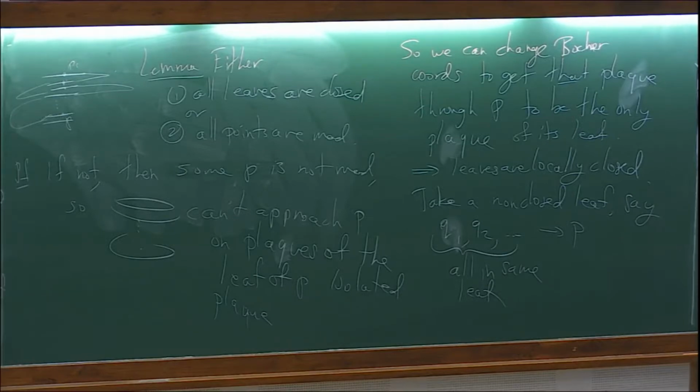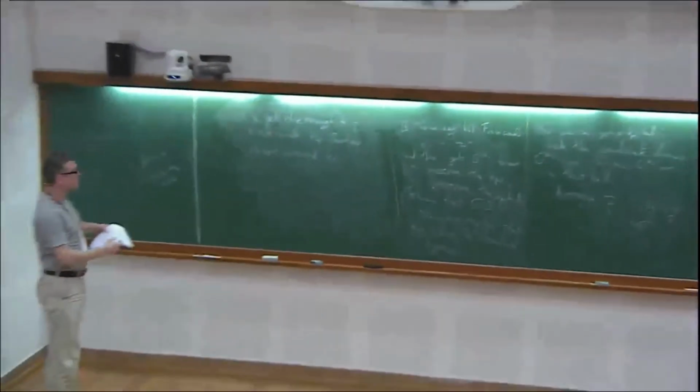If Qn gets close enough to P, so n large enough, then P sits inside the Bochner chart around Qn. So we forget about the chart around P and think about the one around Qn, which moves with n. We get different charts, but all the charts are the same size.